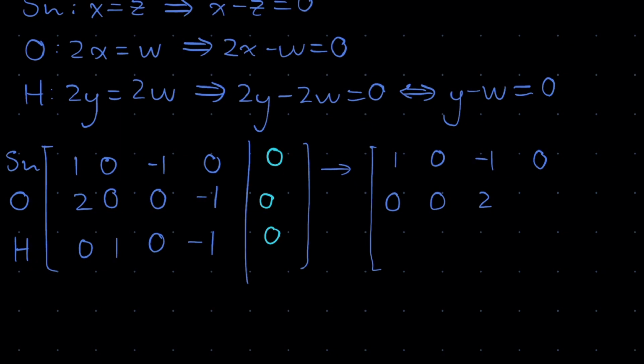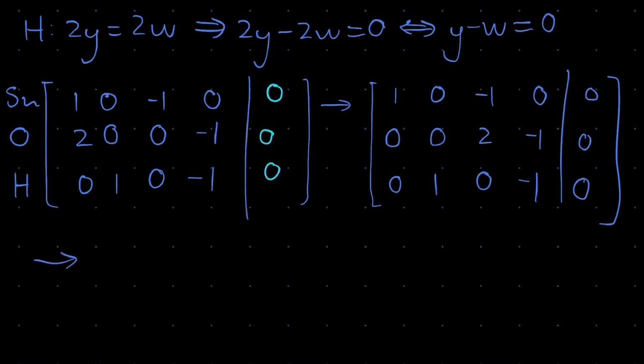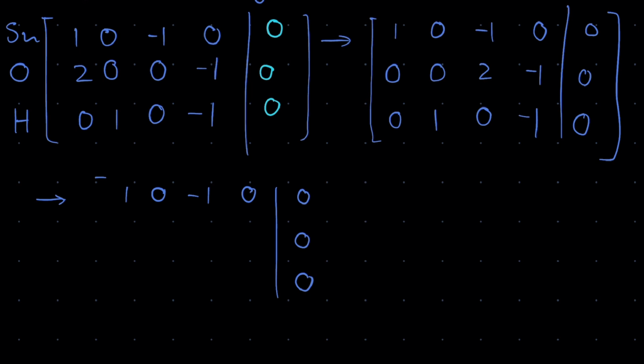Yep. And minus 1. And we can copy the third row out front. And the constants stay the same. And what I'm going to do in this next step is to basically swap row 2 and row 3. And by doing so, what we have is this. Okay, fantastic.